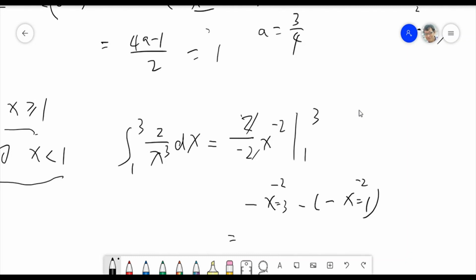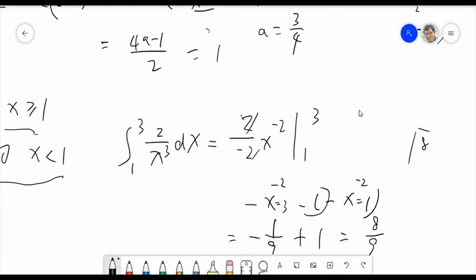So this will be what? This will be negative 1 over 9. So this will be negative, that will be positive, right? And definitely this will be 1, right? So this will be what? 8 over 9.